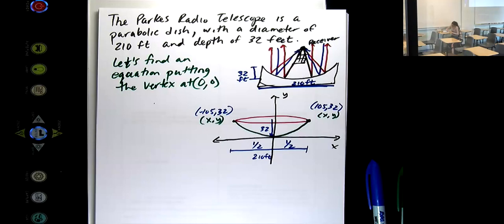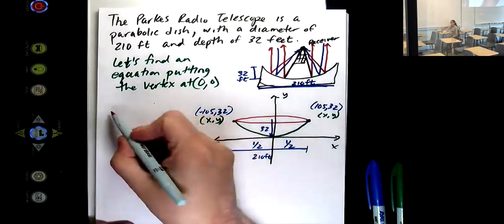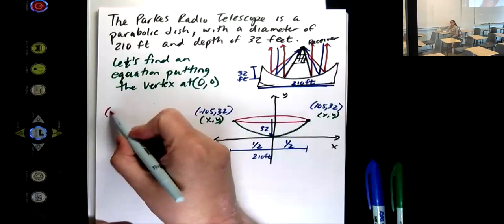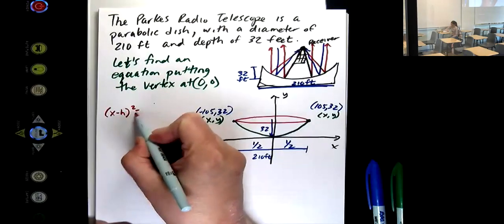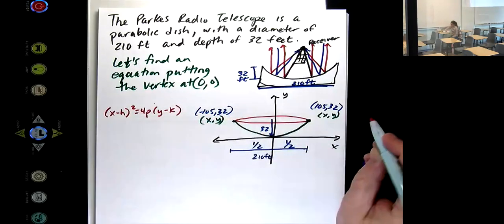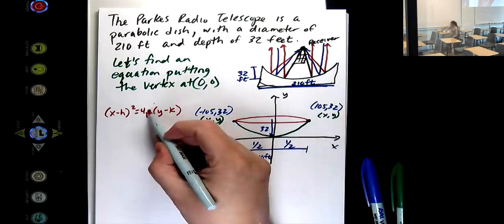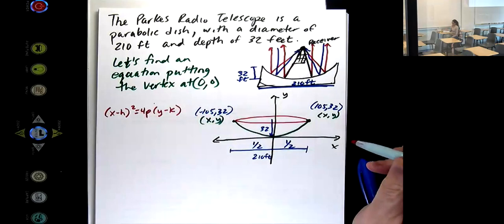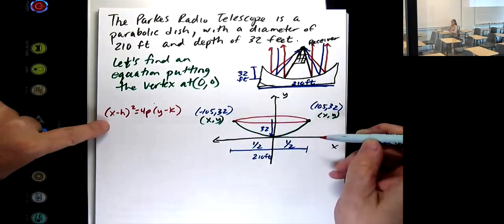If we were to keep drawing this parabola, it would be a parabola opening up, right? Which means this is going to be the x squared version. And I know h, k is what here?